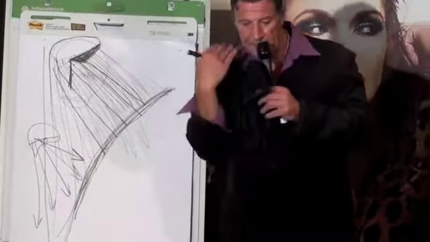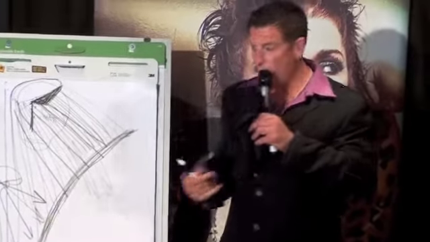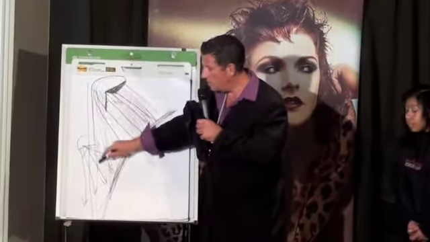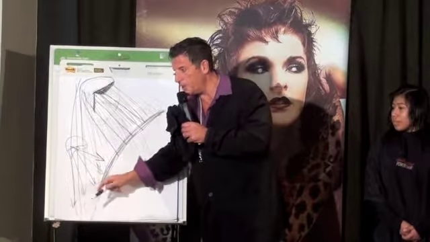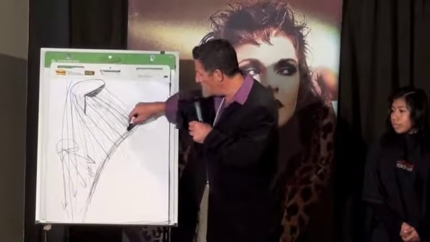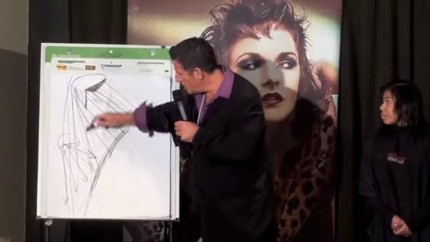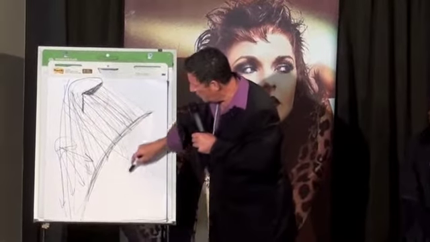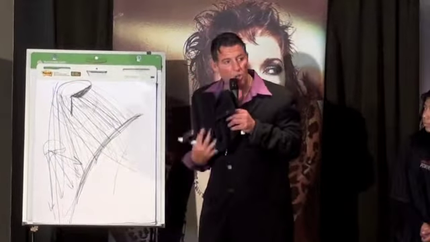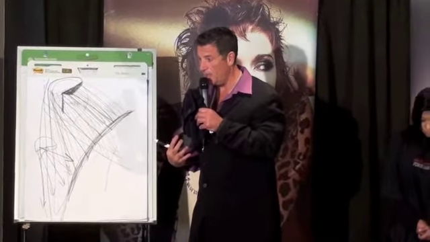As he wants to start maintaining the weight of the hair in the corner here, the over direction goes to 0. You understand why? Because where you over direct is where you get the layer. If he took all of this over here, he'd over direct so much that he would cut all the weight out of the ends. Understand?